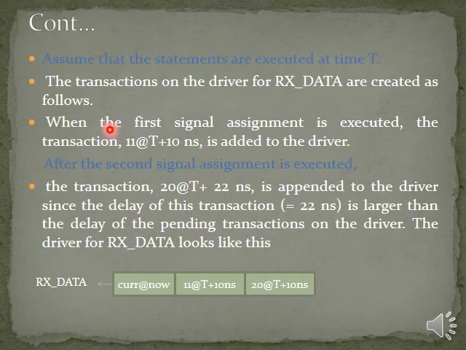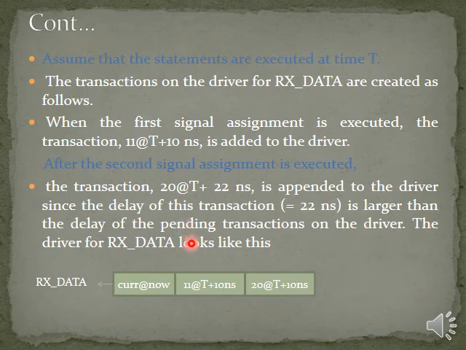So till now what I have explained is the same here. First is the current value at now, and afterwards 11 at t plus 10 nanoseconds. The next one is 20 at t plus 10 nanoseconds. Okay, I think it was wrong. It should be 22 nanoseconds, not 10 nanoseconds. Just change it.